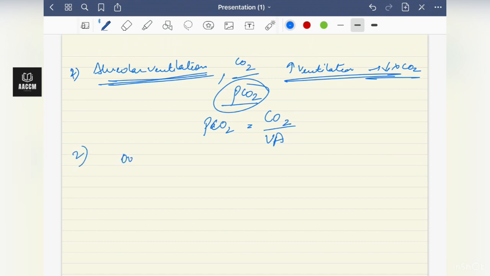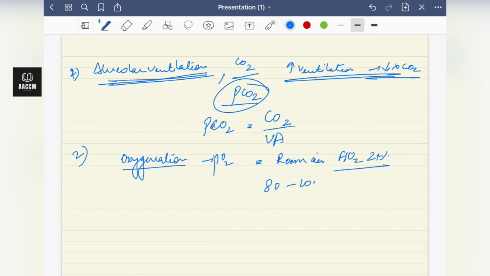Coming to the second point, that is oxygenation. A normal PO2 level at room air, that is with FiO2 of 21%, is around 80 to 100 for a normal human adult. By adult I mean this because with age this PO2 level varies.